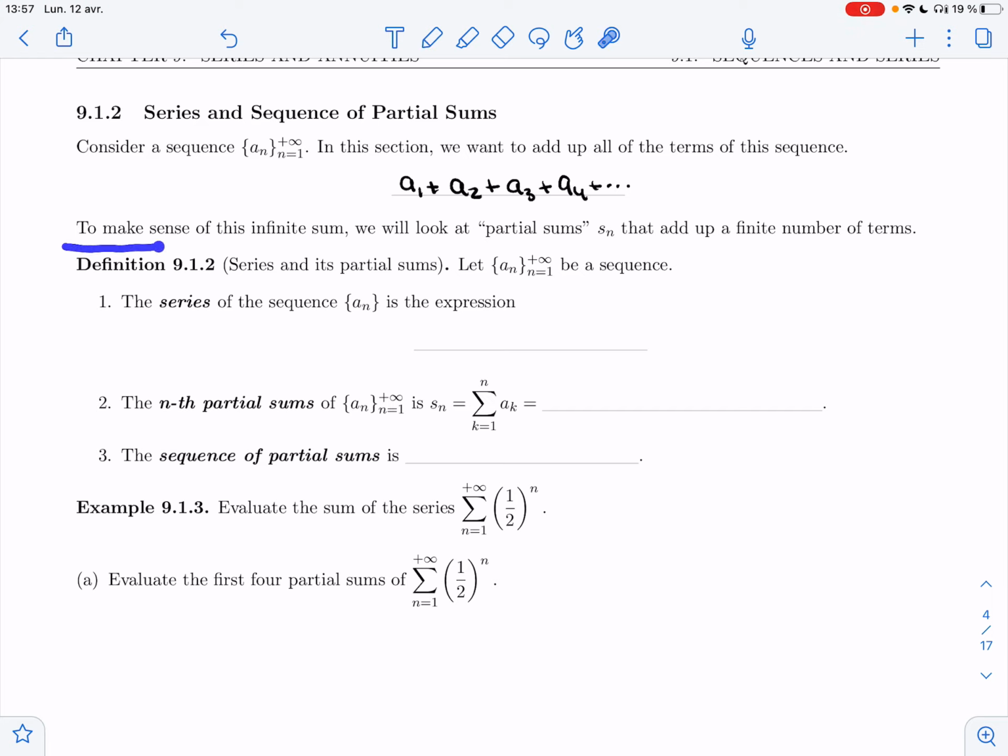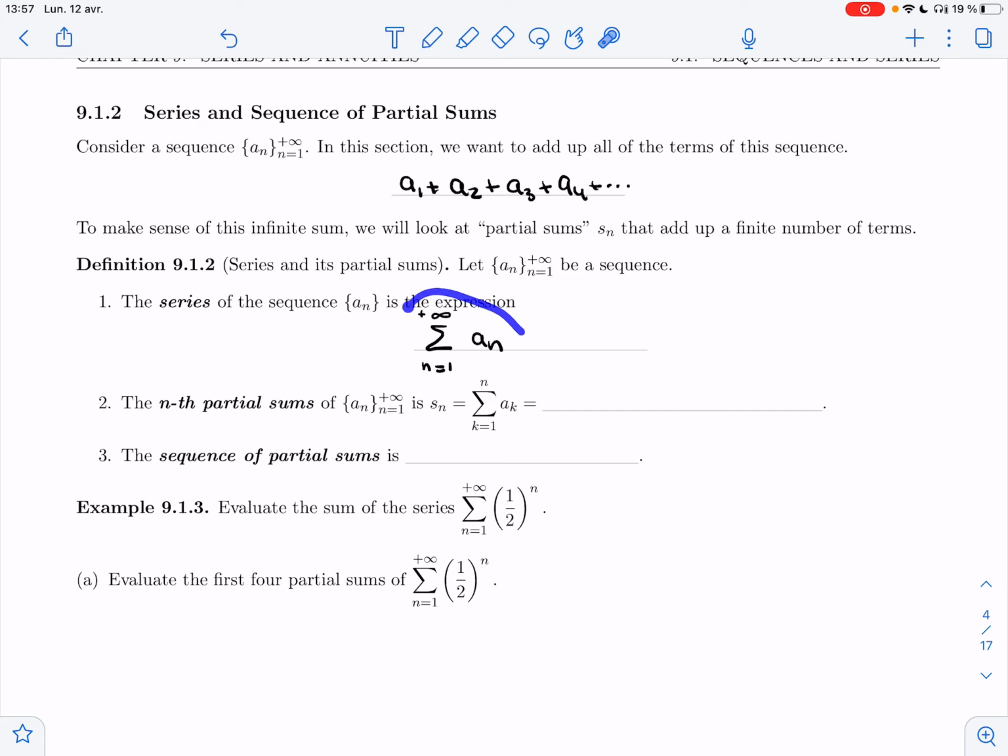To make sense of this infinite sum, we'll look at partial sums Sn that add up only a finite number of terms. All right, so let's see what we have. I'm going to start with a sequence. I'm going to define series and partial sums. The series of this sequence is the expression, and we're going to use the sigma notation that we had in chapter 4: from 1 to infinity of an.